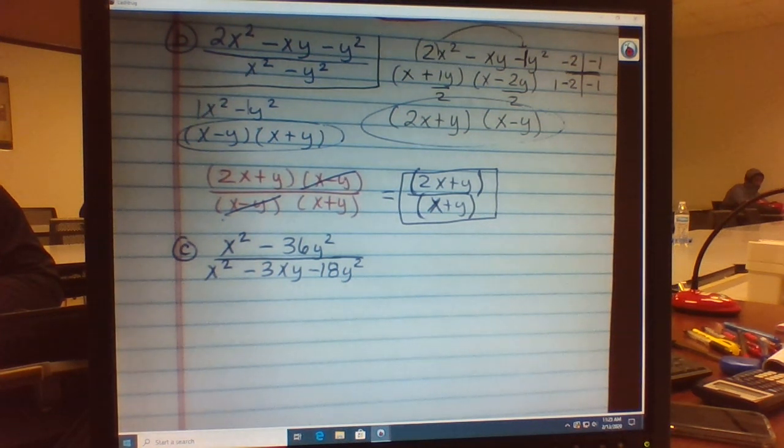The difference of squares is on the top and the other one's on the bottom. Take the top, factor it out, take the bottom, give it a try. You're looking at it and thinking, oh crap, this is going to be a lot. But once you get in there with your little boxing gloves, you're going to be fine.